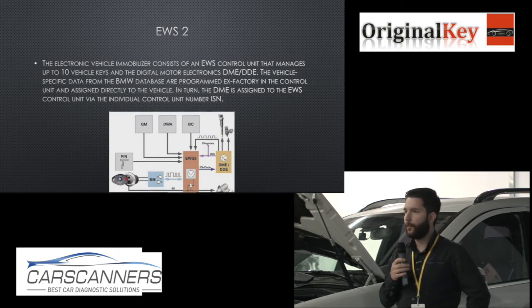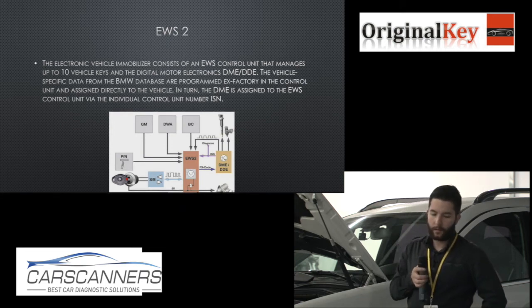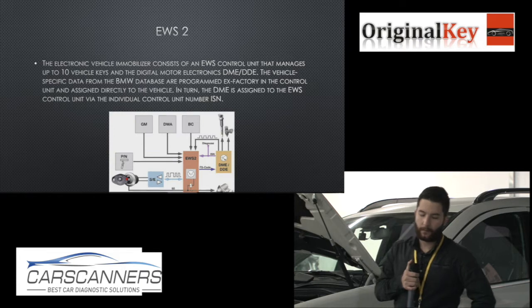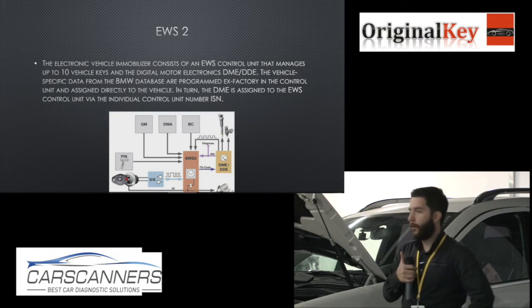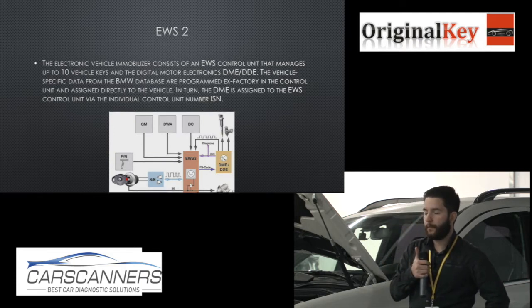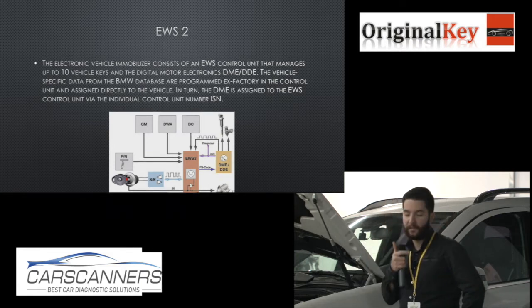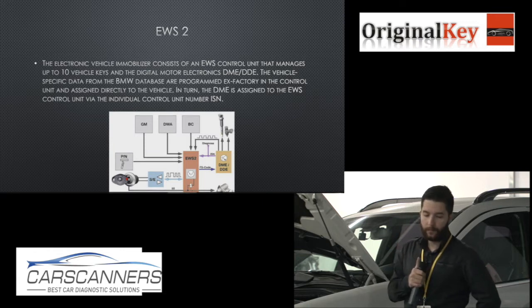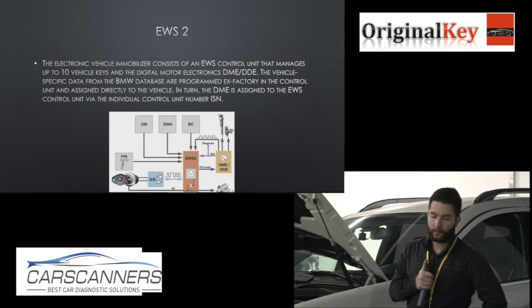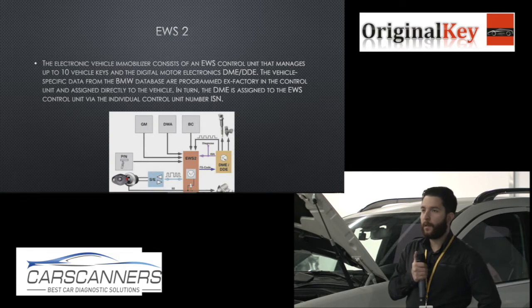So the EWS control unit manages up to about 10 vehicle keys. And it also controls the DME or the DDE, depending on whether it's a petrol or diesel car. The vehicle-specific data is programmed in the factory from the BMW database.